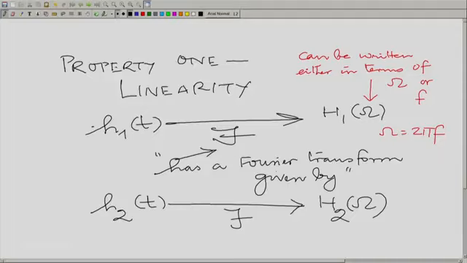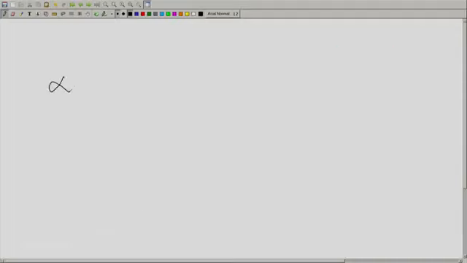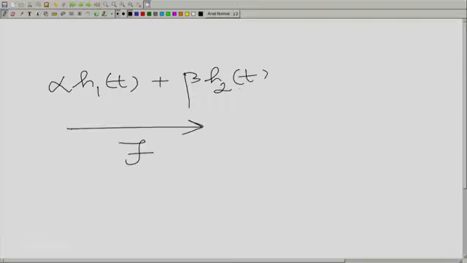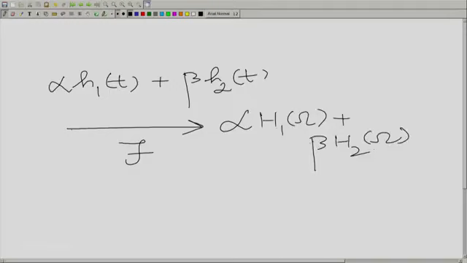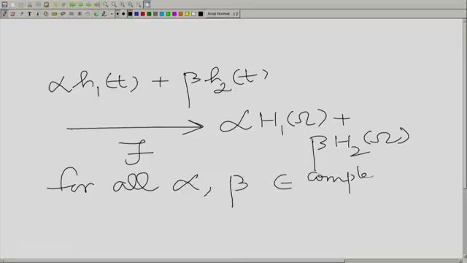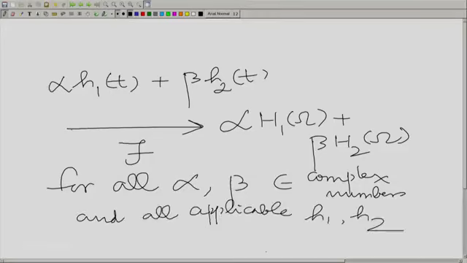Then linearity says alpha times h1(t) plus beta times h2(t) has the Fourier transform alpha times H1 omega plus beta times H2 omega for all alpha, beta belonging to the set of complex numbers. Remember, we must allow for complex numbers in general, and all applicable h1 and h2.